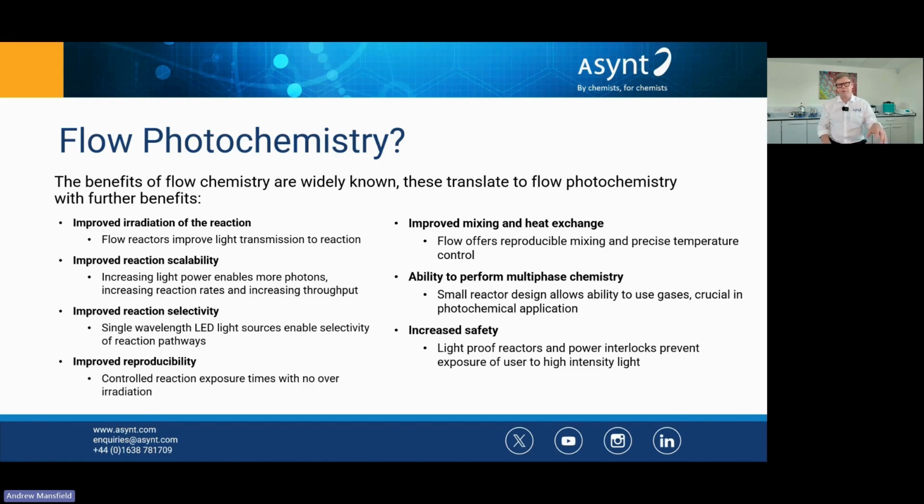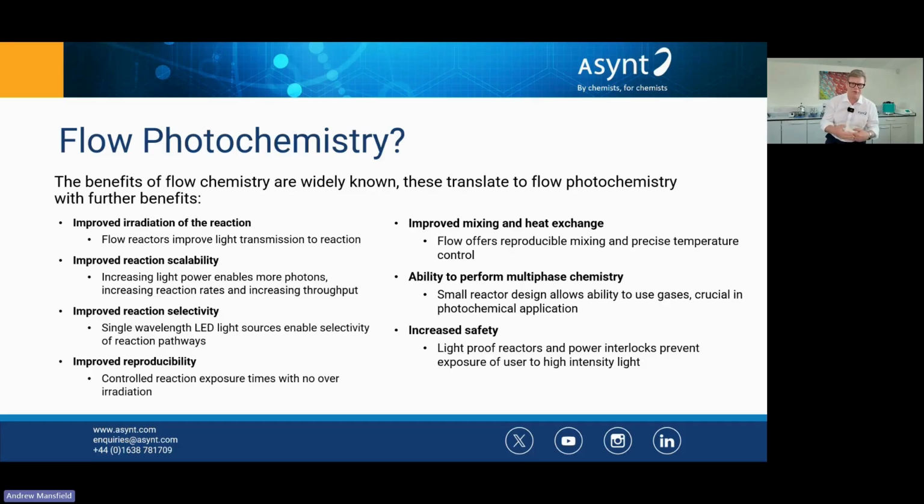The ability to perform multi-phase chemistry is another advantage. If you think about running, for example, reactions with gases under batch conditions, we generally use bombs. We use vessels that we can pressurize, and they're generally made out of stainless steel, so they don't lend themselves very well to running photochemistry reactions unless we have our light source internally.